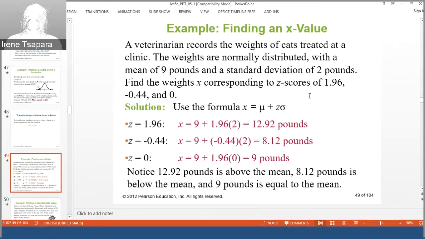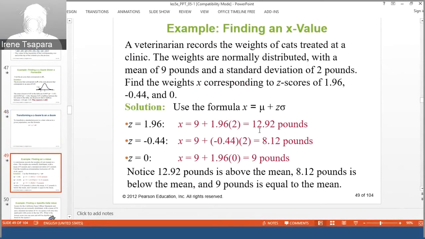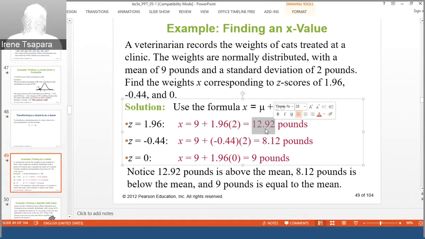Let's forget about the rest. So if I have my mean and I have my standard deviation, I will use this formula now, the same formula in another format basically. I will solve it for x and I will get the actual weight that corresponds in this probability to a specific z-score. Now you will tell me, why would I ever care to do that?